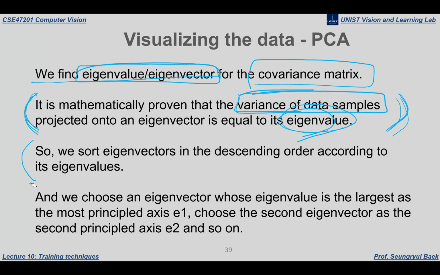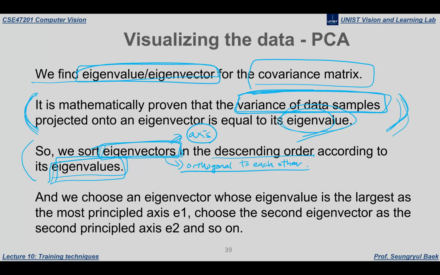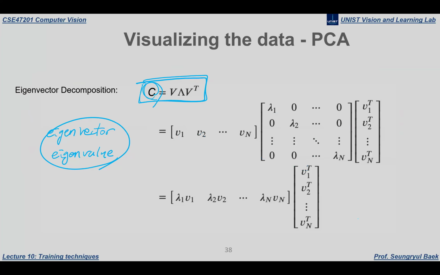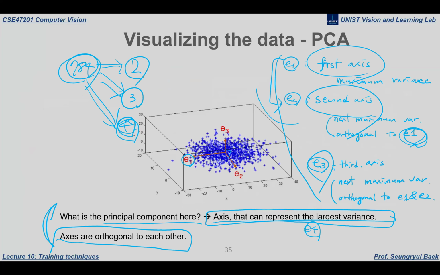What they do is sort the eigenvectors in descending order according to their eigenvalues, because eigenvalues encode the variance of the data, and the eigenvectors become the axes. Also, eigenvectors are orthogonal to each other, so that actually meets the constraint that we want.